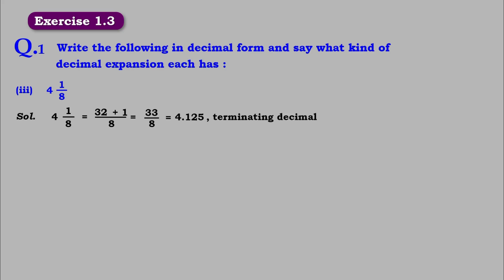Non-terminating means it keeps on going. But here we can see that after a certain point, after 5, the remainder will be 0. So that means it is terminating. That's why it is a terminating decimal.